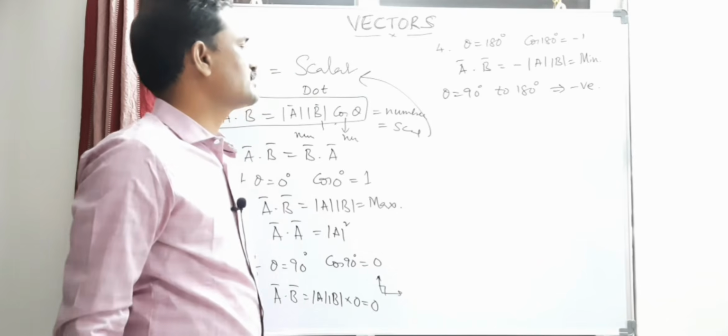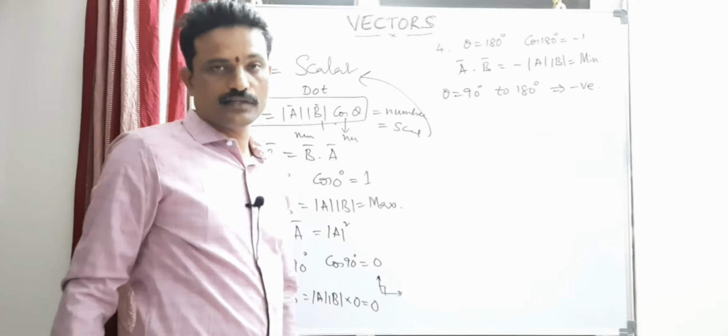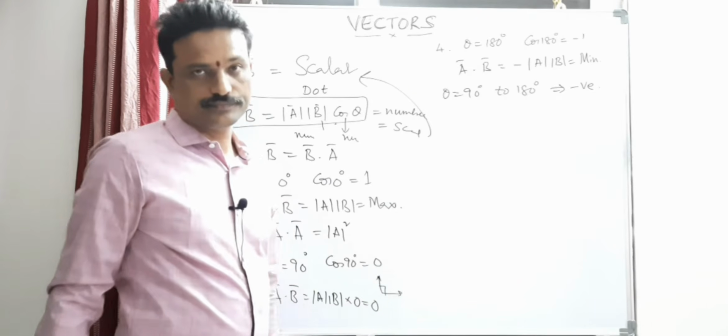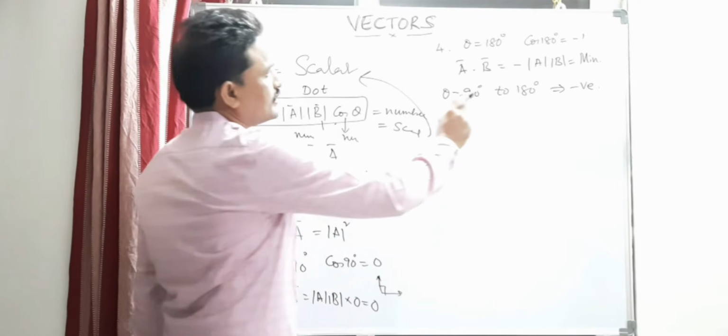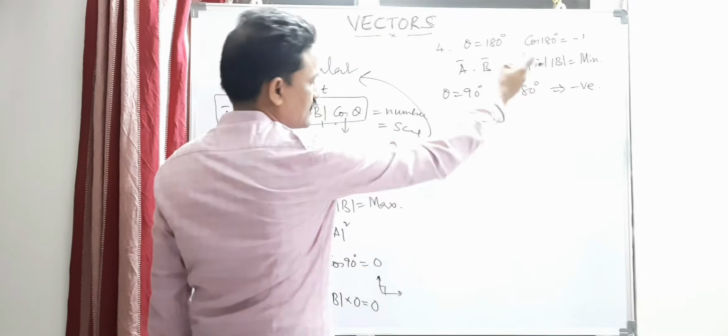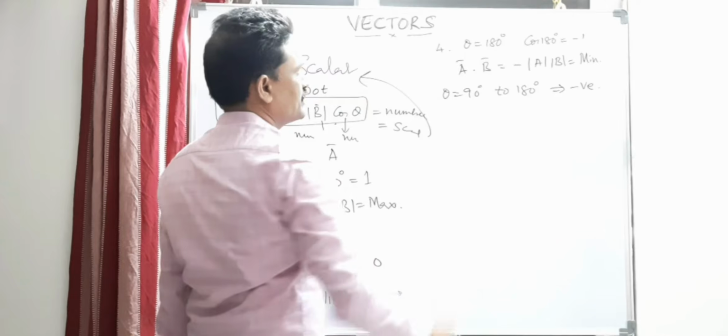For all angles lying between 90 and 180 degrees, the dot product of those two vectors will have negative value. So negative indicates minimum. Negative is less than 0, so that is the minimum value.